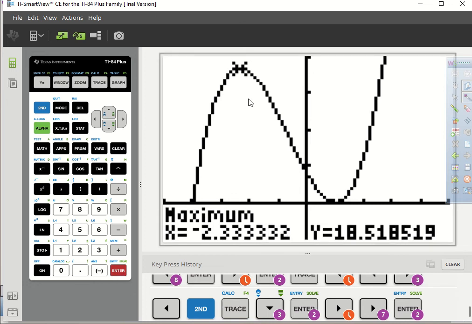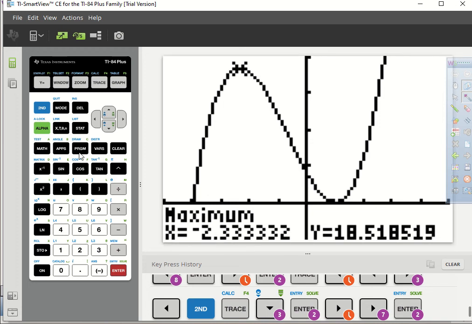Okay, so it looks like we have a maximum at about -2.3 repeating, and then we have one at about 18.5. So -2.3 repeating and 18.5 is our max. So you want to write that down on the line for maximum.